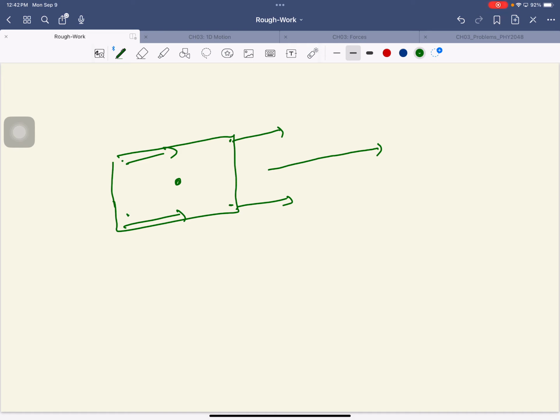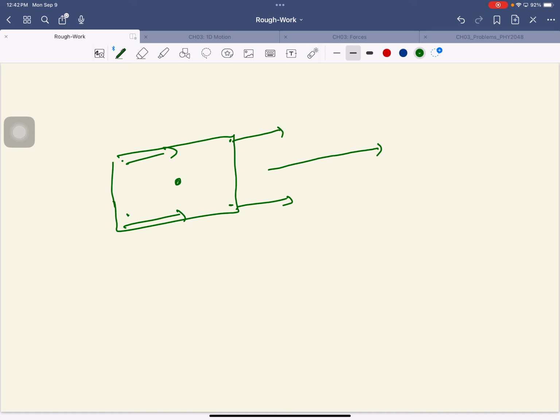When is every point not moving at the same velocity? It's rotating? When it's rotating, very good. So right now we are not considering objects that are rotating. What is it that they do when they skid and stuff like that on a car? Drifting. So we are not doing drifting.